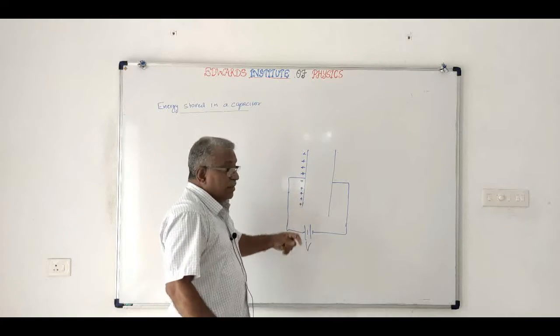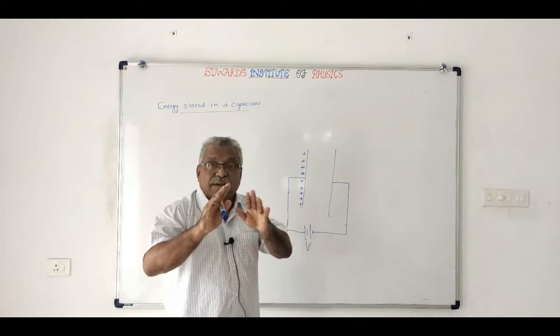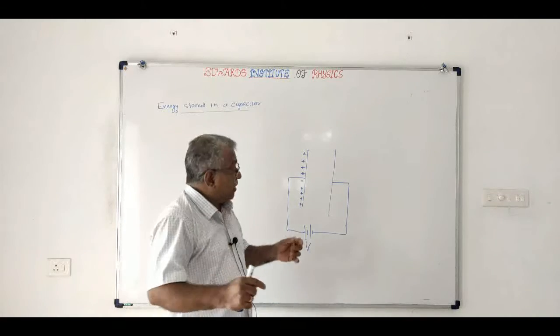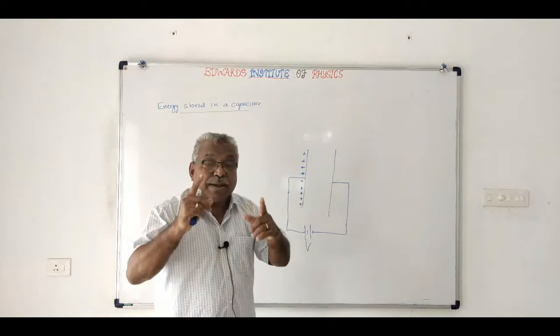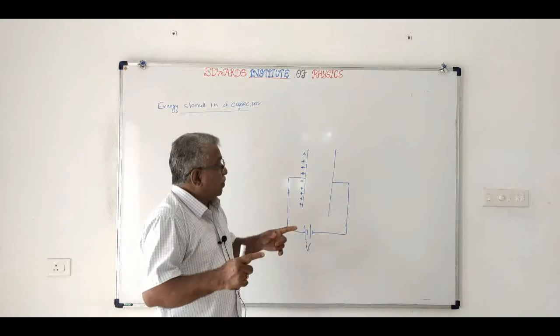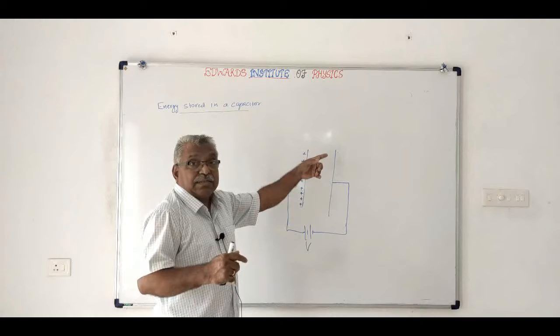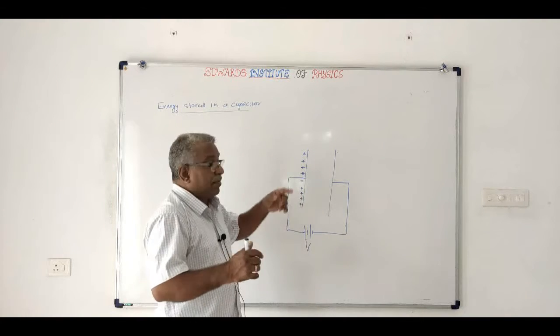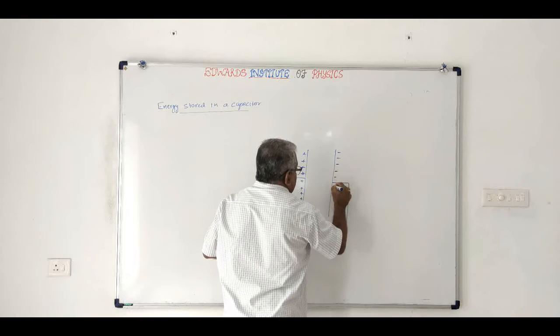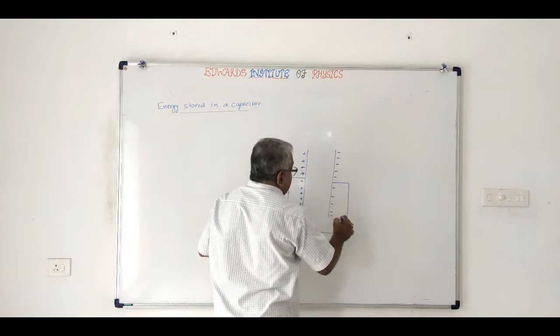So for the initial first charge, the battery is not doing work. For the last charge, the battery is doing the maximum work. Understood? So this work done is stored as energy in the capacitor. So let us see how the work is done.